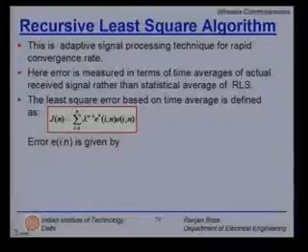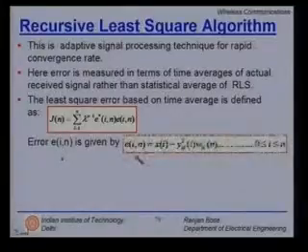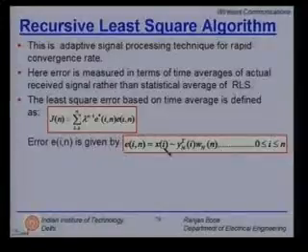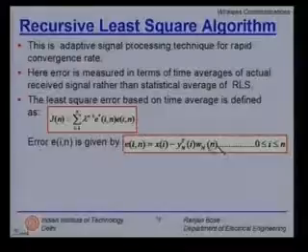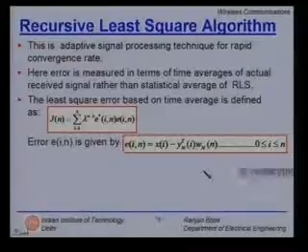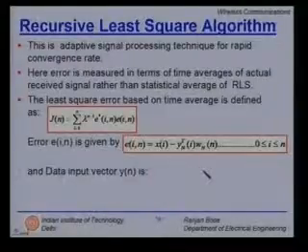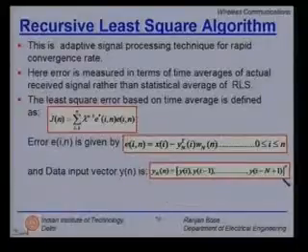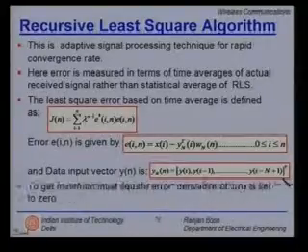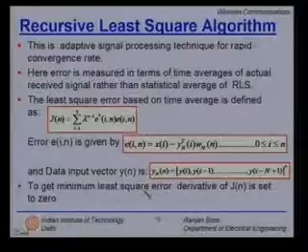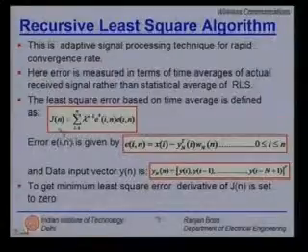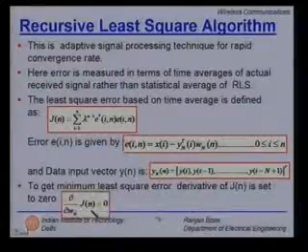The error is given by the following equation: xi minus the delayed version vector and the weight vector, and the data input vector is defined as follows. To get the minimum least square error, the derivative of J_n is set to 0.